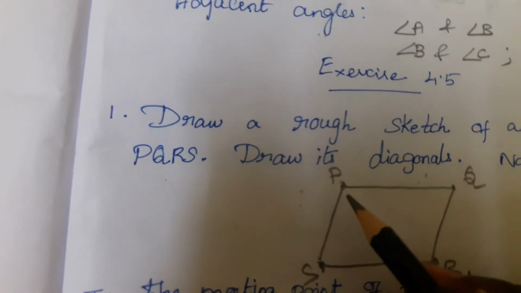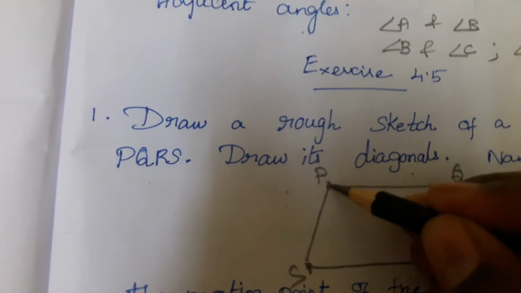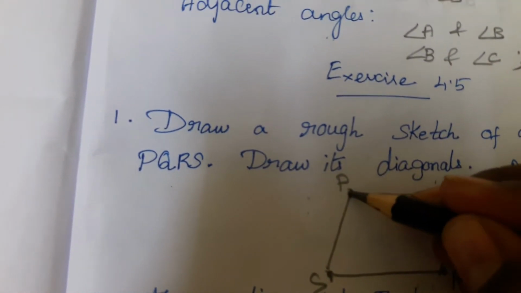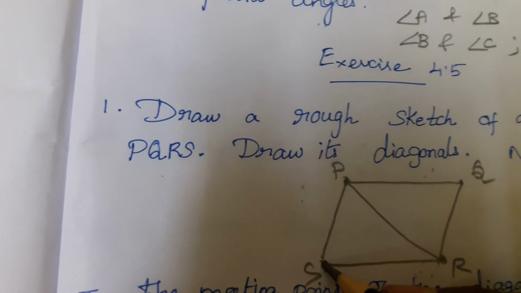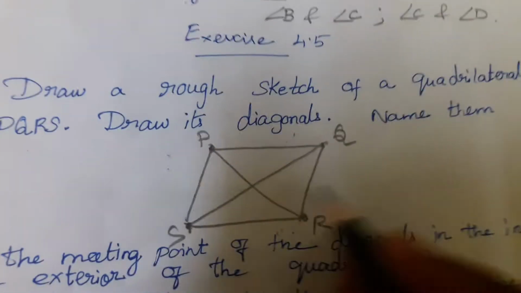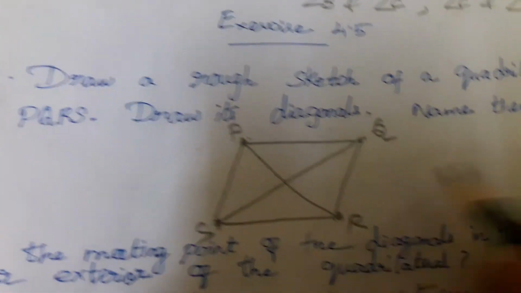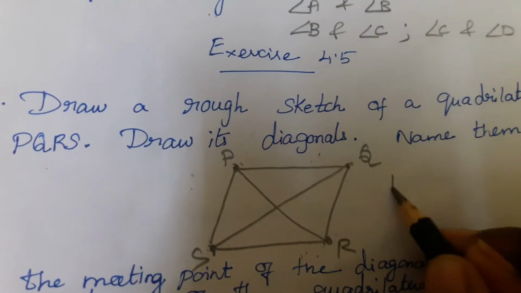A line segment drawn from one vertex to the other vertex is called a diagonal. So, draw a diagonal. The diagonals are PR and SQ.